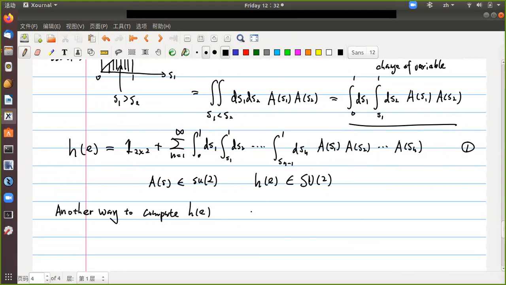The idea of the second way to compute H_E is that once we have an oriented edge E, where the parameter runs from 0 to 1, you can cut this edge into infinitesimal pieces. Because we know this holonomy relates to a path-ordered integral, and an integral can be approximated by a Riemann sum.